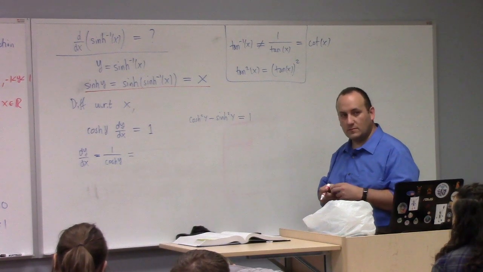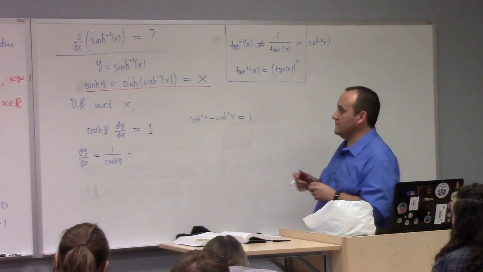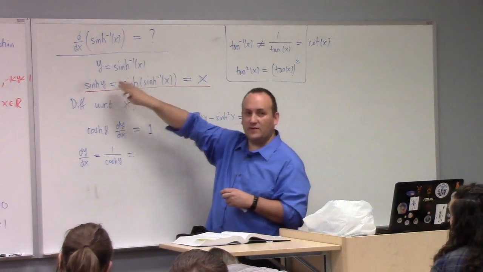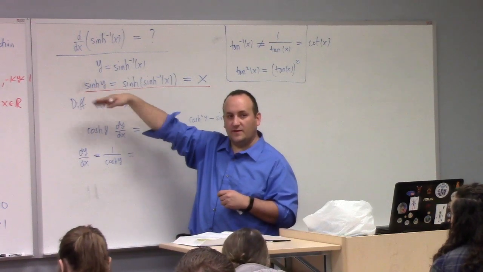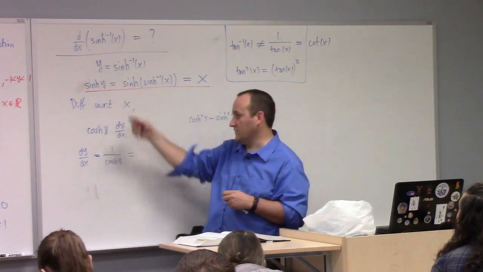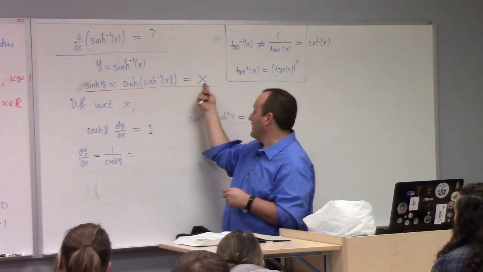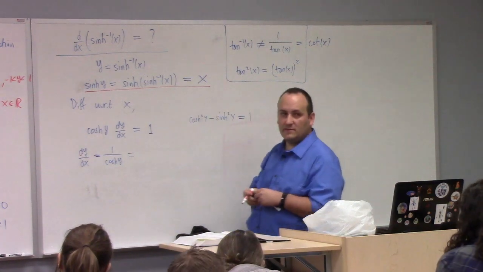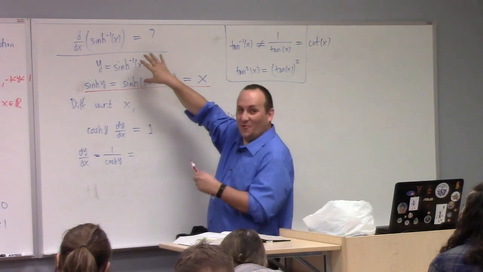We're just differentiating this side, and that gives us cosh y because the derivative of sinh is cosh. But because we're differentiating with respect to x, we multiply by the derivative of the inside function, which is y. So cosh y dy dx. And then the derivative of x is just 1.